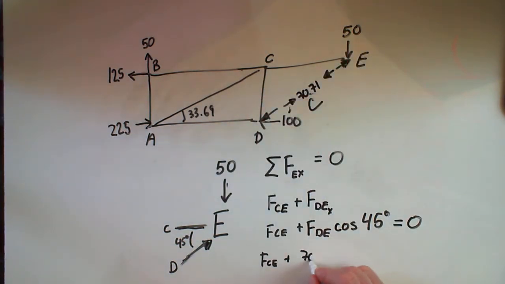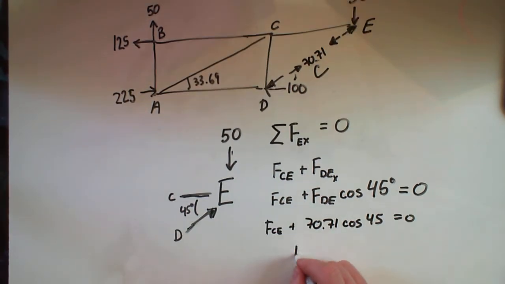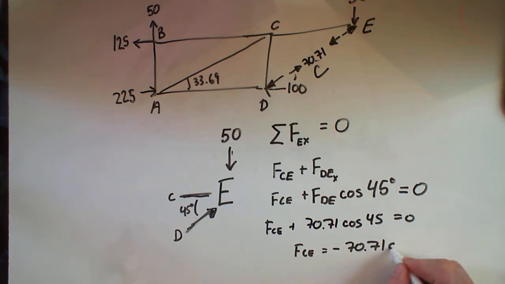So 70.71 is positive, times the cosine of 45, equals 0. So F of CE is going to be negative 70.71 times the cosine of 45.